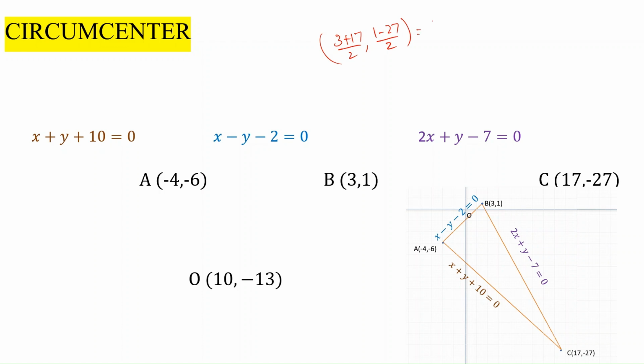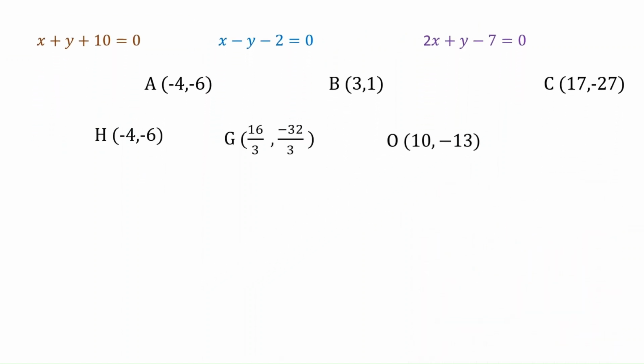This is nothing but 20 upon 2 comma minus 26 upon 2, that is 10 comma minus 13, the circumcenter. So when we know the given lines represent a right angle triangle, we can directly follow this to find the midpoint of the hypotenuse. We are done with calculating all the 3 points, that is centroid, orthocenter and circumcenter.